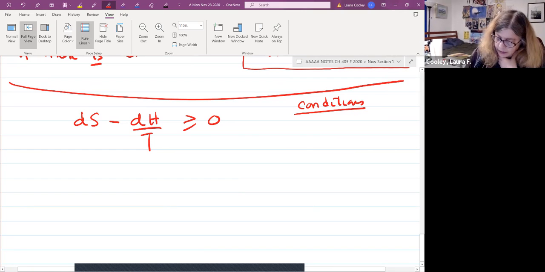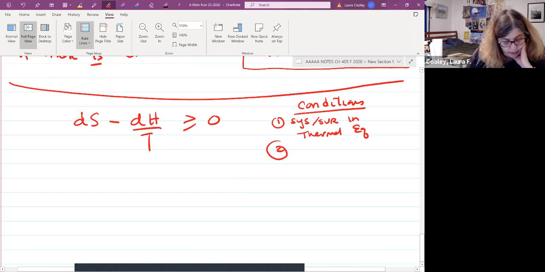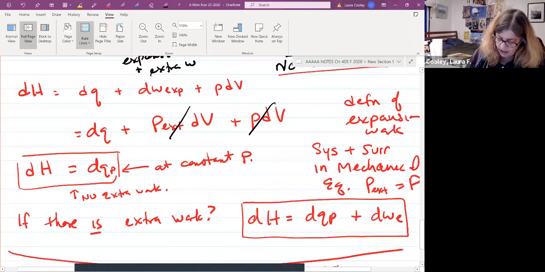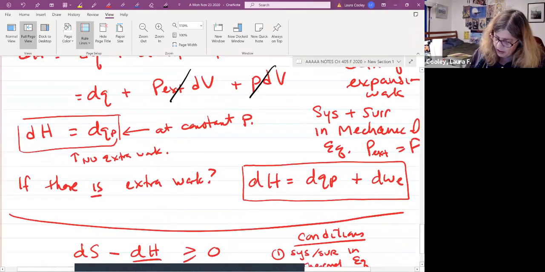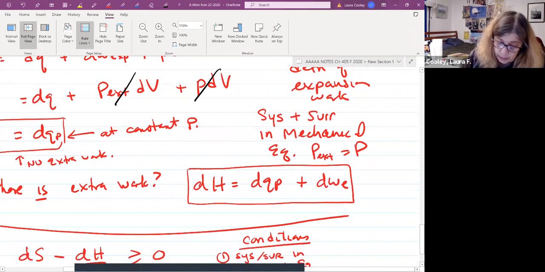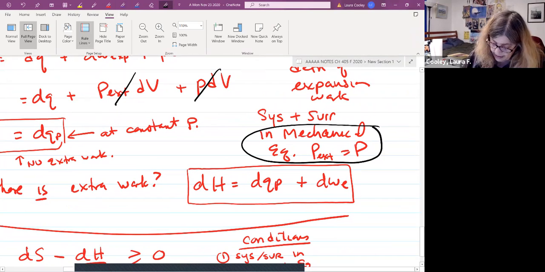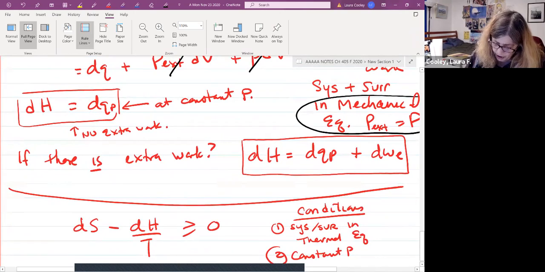First of all, we had the system and the surroundings in thermal equilibrium. Then we had constant pressure. Then we have to use all the conditions that were set in this derivation. And in this derivation, we had mechanical equilibrium between the system and the surroundings. And we had no extra work.